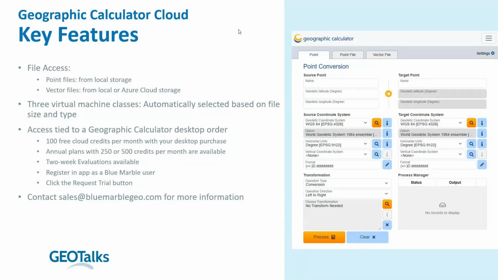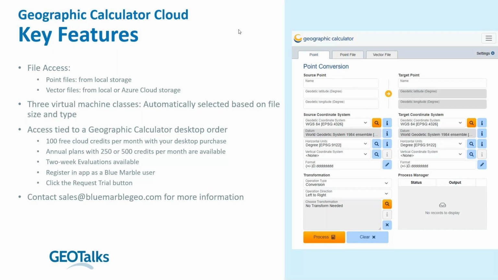And as such, how we handle those are going to be a little bit different. This does rely on cloud infrastructure to do the work in that type of mode. And there are essentially 3 virtual machine classes that are behind the scenes in here, and it depends on what sort of data you are putting up.